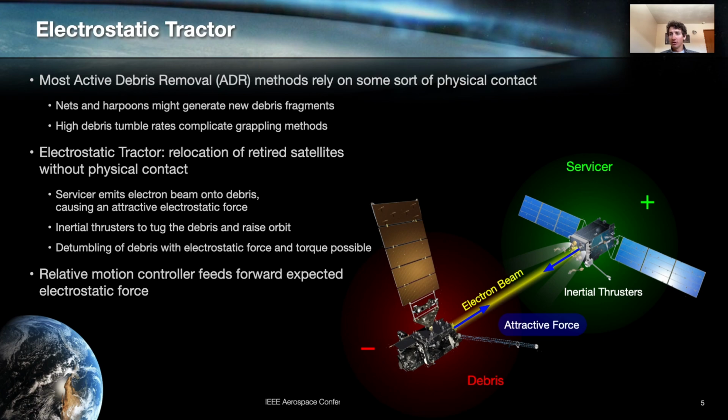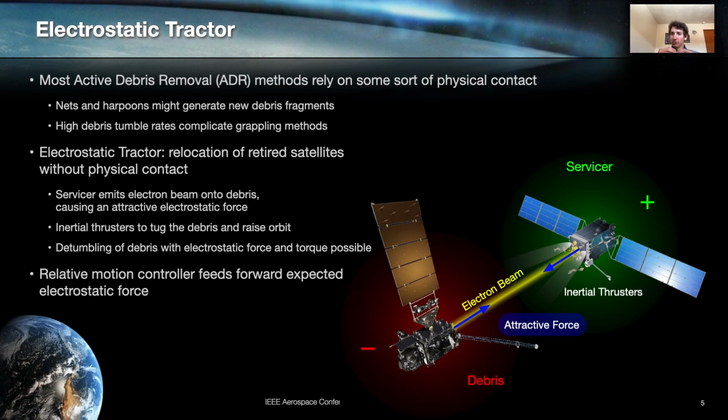Another consequence or area of research for these electrostatic forces is the electrostatic tractor. The electrostatic tractor has been proposed to remove space debris from geostationary orbit touchlessly using an electron beam. You have a servicing satellite equipped with an electron gun, and that electron gun is aimed at the debris in geostationary orbit.